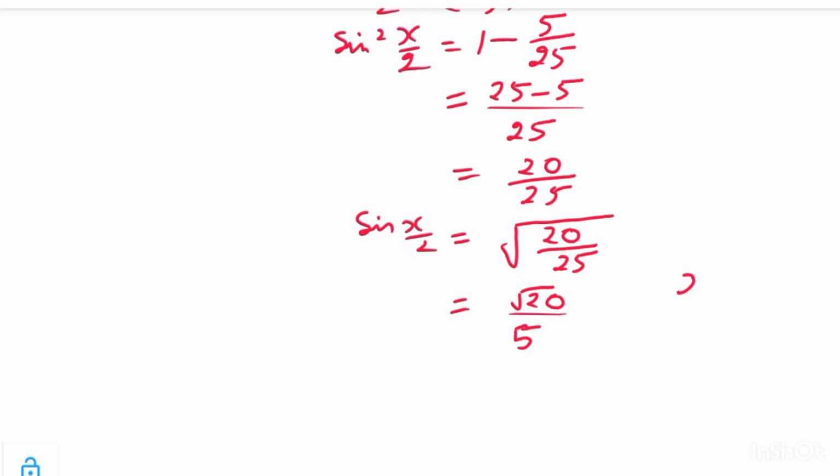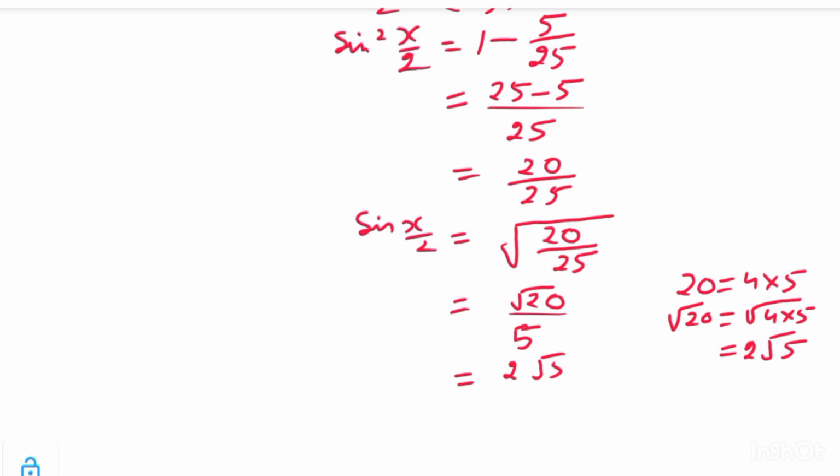And 20 we know is equal to 4 into 5. So square root of 20 will be square root of 4 into 5, and this will be equal to 2 root 5. So this is equal to 2 root 5 divided by 5. This is the value of sine x by 2.